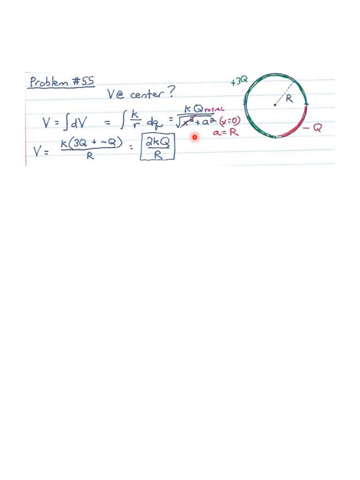And x equals 0, so that part goes away, and we're left with the square root of a squared, which is a. In the example, a was the radius of the ring, but here in problem 55 it's called r, so let's just call a r. And so the voltage is k times the total charge 2q over r.